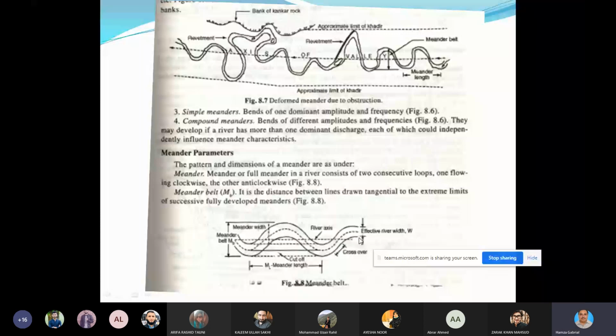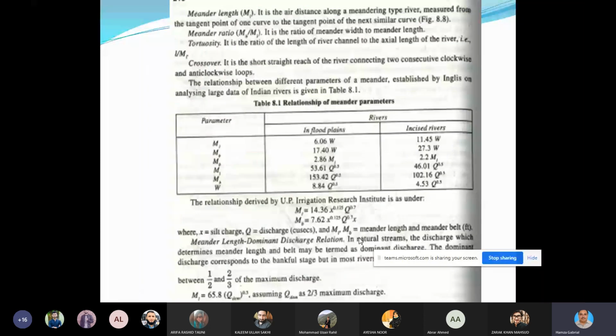So then, a relationship has been established by a researcher known as Inglis based on observations of various rivers, especially rivers of the subcontinent. By analyzing the data of these rivers, he established some empirical relationships between the parameters of a meander.